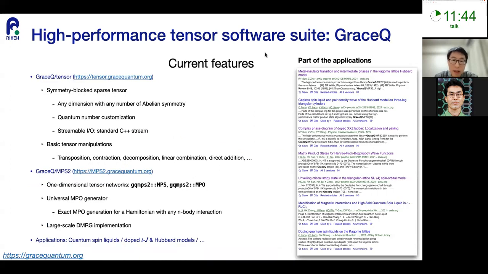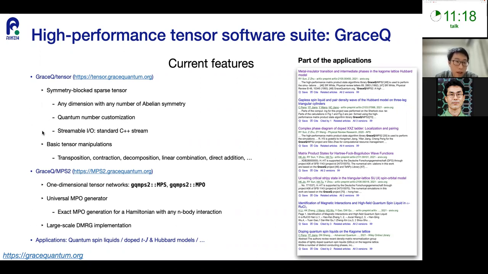Okay, in the current version, GraceQ tensor provides symmetric block sparse tensor objects. It supports tensors with any dimension and with any number of abelian symmetries. And it also supports users defining their own quantum numbers.